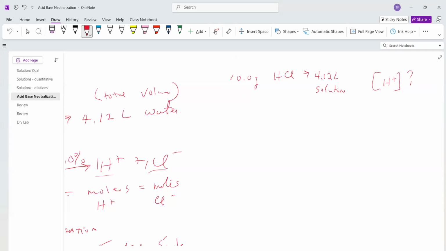Hydrogen is 1.01. Chlorine, is that 35.45? Yeah, how about that?